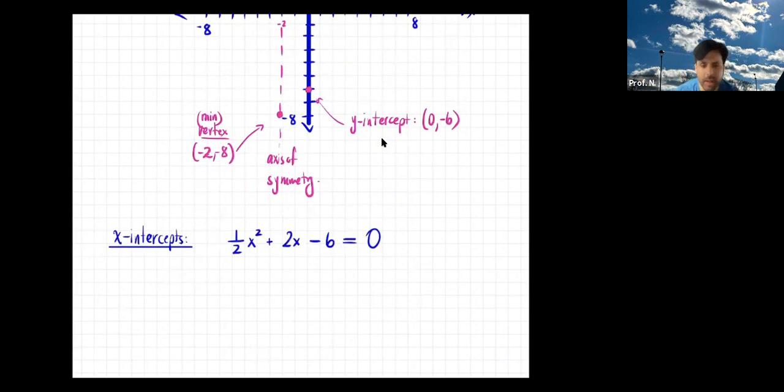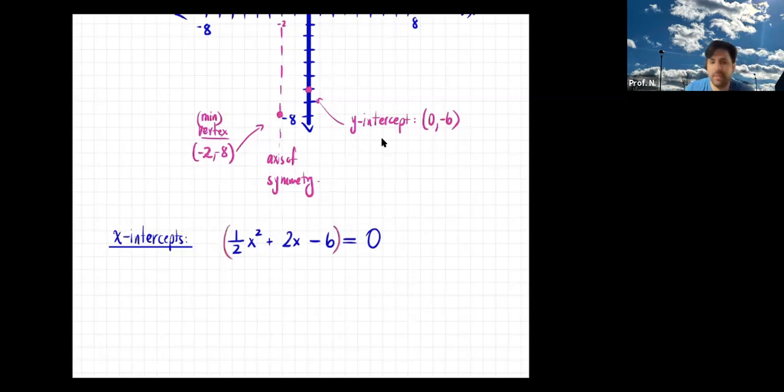How do I solve this quadratic, guys? I have A, B, and C, right? So I can use the quadratic formula. I could. Or I can try to play around with this and see what happens.